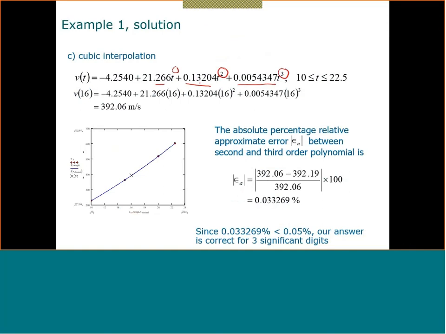The coefficients of these terms become very small. What does this mean? When you increase the order of the polynomial, the coefficients become smaller and smaller. It means that these components of the polynomial are actually not significant.